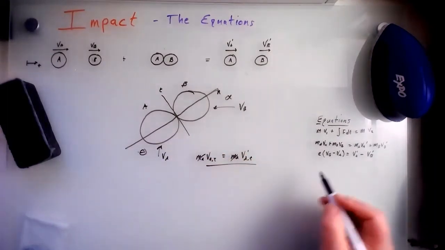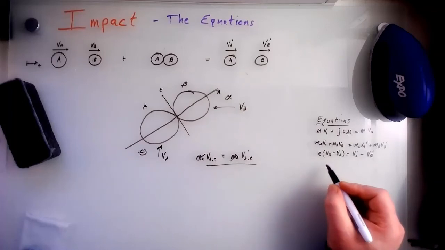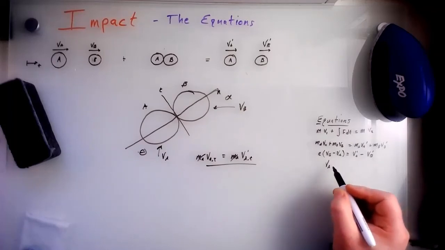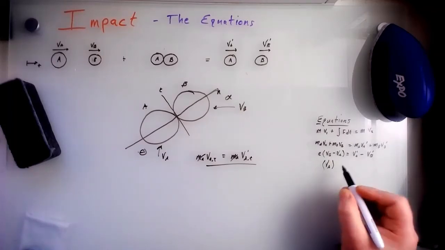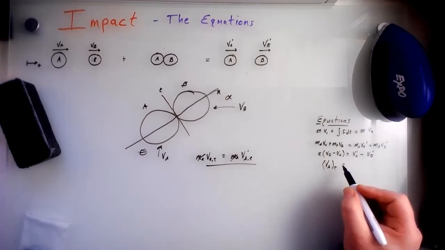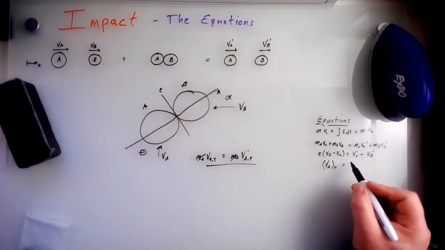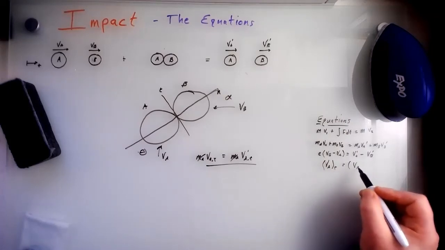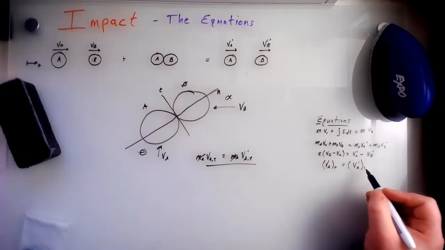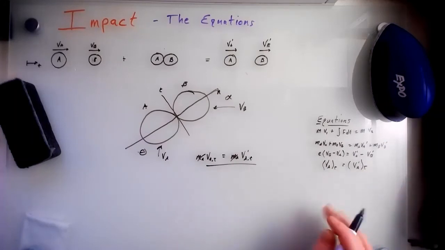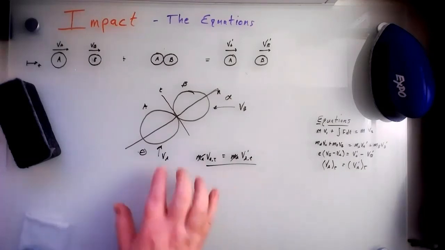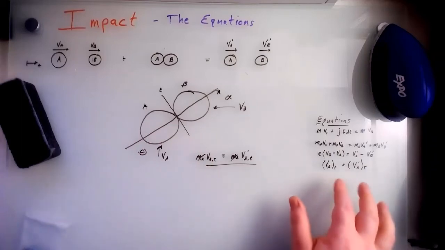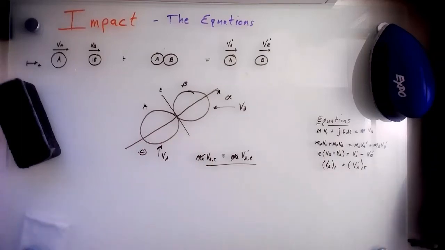So the way we write this is VA, and they like to put parentheses around it. I don't have any issue with that, so why not? VA prime in the tangential direction, right? So the momentum is conserved per particle, so by extension, so is the velocity, right?